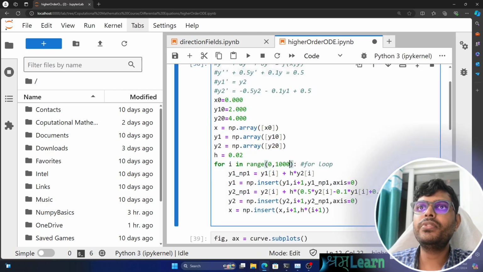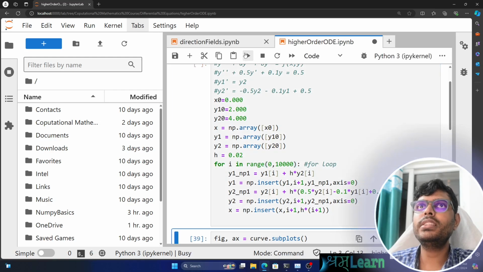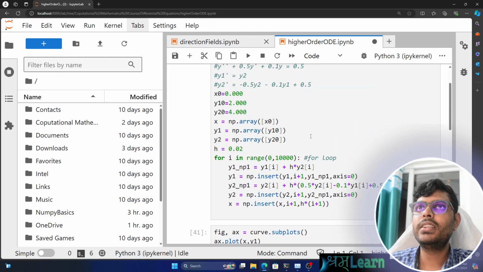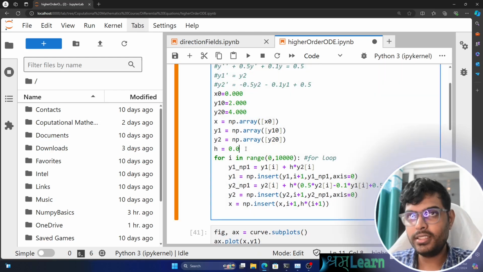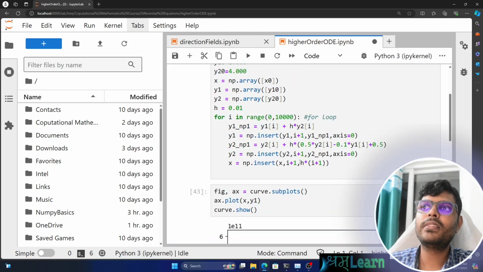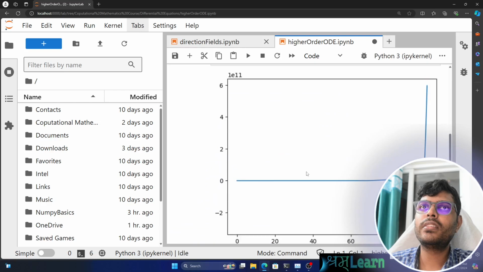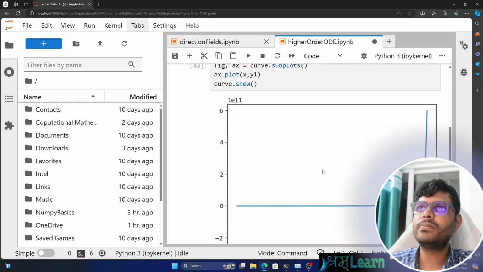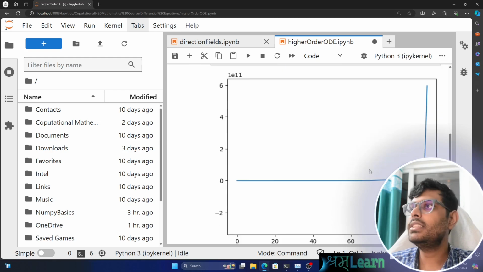Can we compute for 10,000 points and see what happens? Nice. So we are knowing a lot about the curve. The curve is stagnant, dips down, goes up. Can we compute for 1,00,000 points? Or not doing that, I'm decreasing this. So this is how it is behaving.